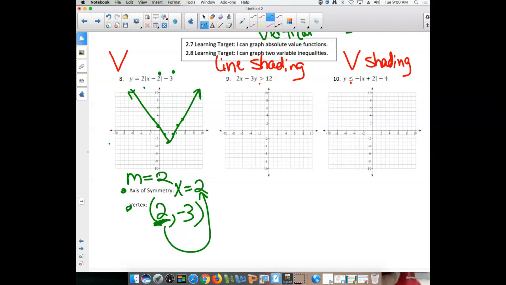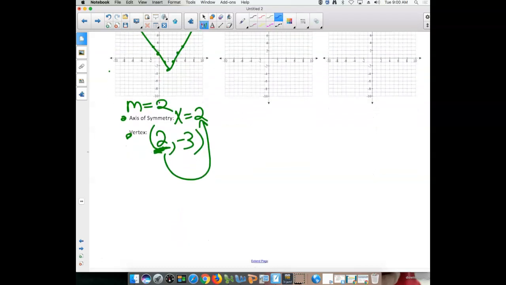Okay. Now for these next two, I'm just going to do a quick review on the bottom of my page here because you guys have some space. Reminder, if you have these symbols, we are going to have a dashed line. Remember, if you have these symbols, we are going to have a solid line.